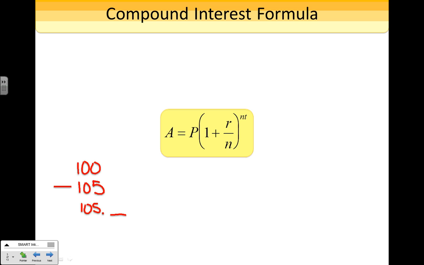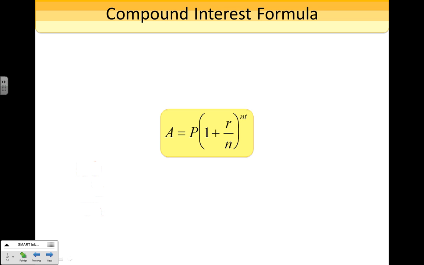Now, when I figure out my next interest, I'm no longer going to use my 105, but 105 point whatever. Okay, so the interest is recalculated based on the new amount of money that you have in your account.